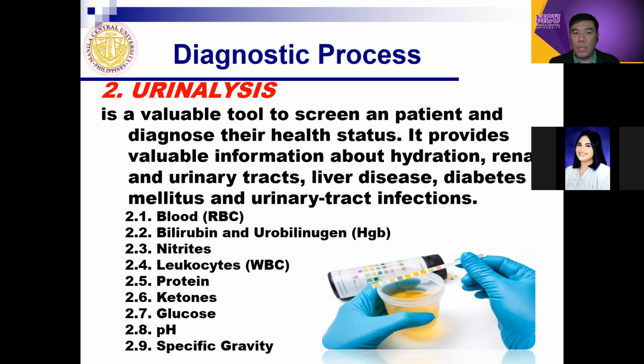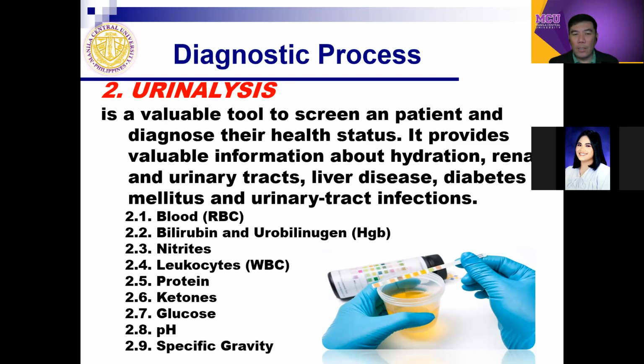The presence of protein, ketones, and glucose is basically a reference for possible problems with the kidneys, and at the same time for the chances that the client could be at high risk for diabetes mellitus.